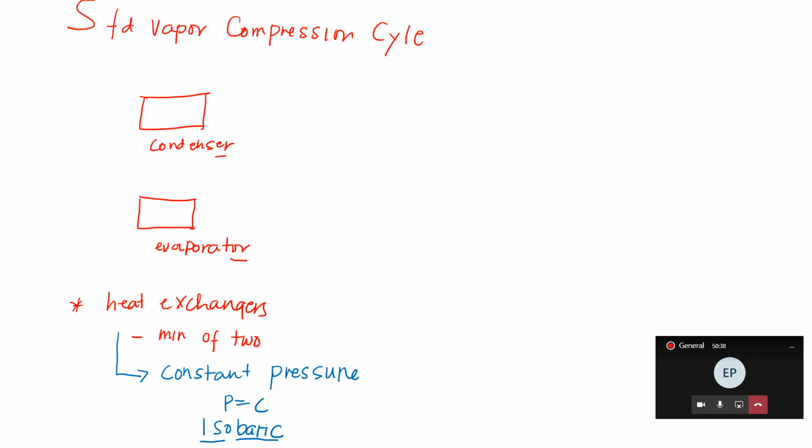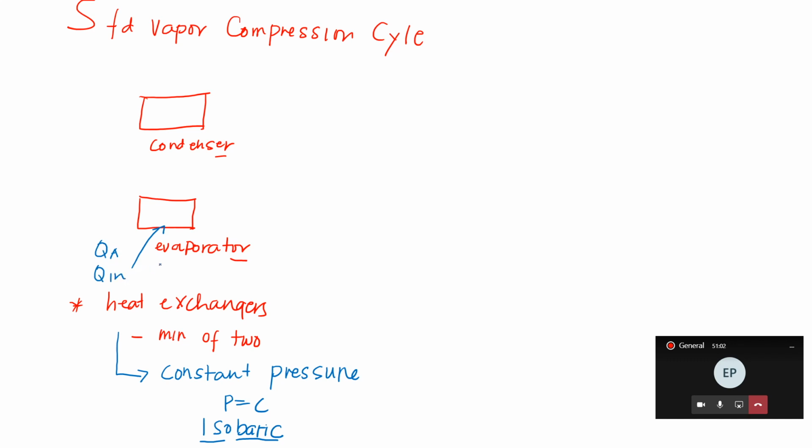Now, these two equipment have distinct functions. The evaporator is absorbing heat. Q A means Q added or Q in.